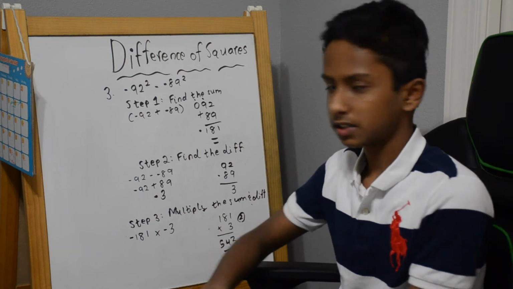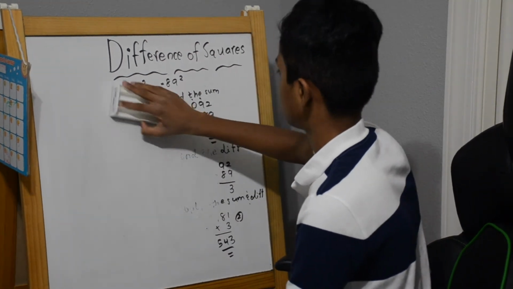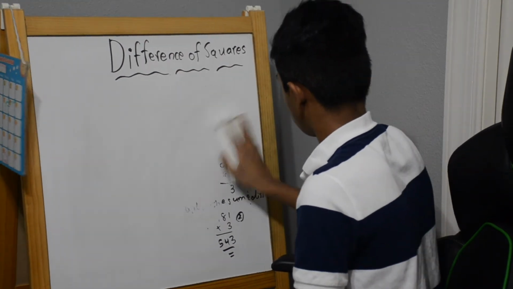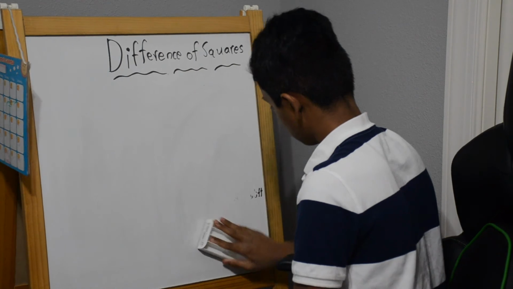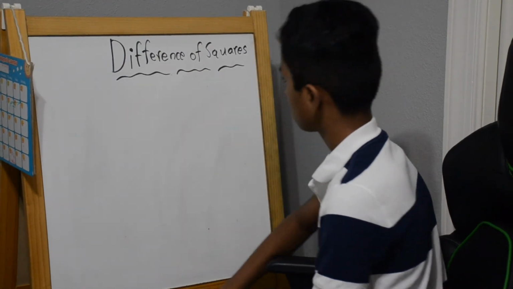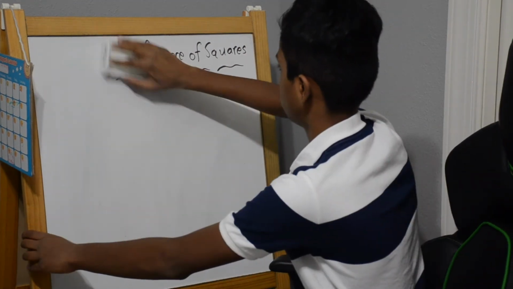Let's talk about the next technique. The next technique is to find squares in a flash.